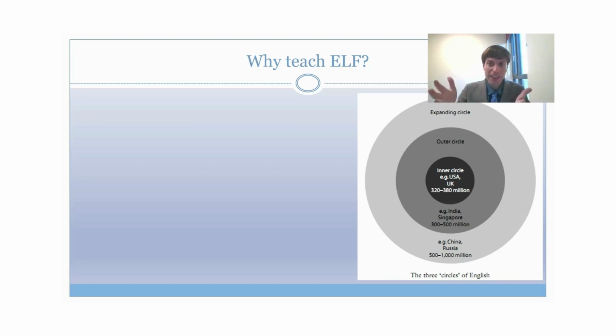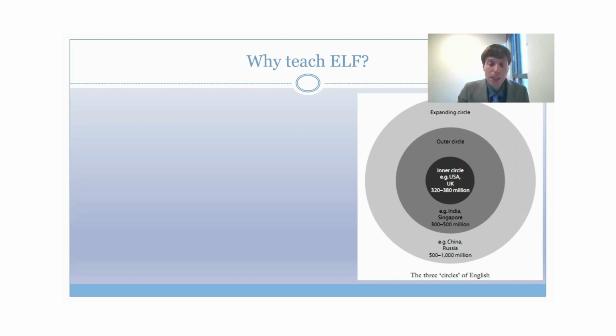Today, the data is more or less the same, except the expanding circle is even bigger. What this picture tells us is that the majority of users of English in the world are not the so-called native speakers, but rather people who have learned to use the language because of the pragmatic benefits that it can bring. They don't use it in their everyday lives, but they've learned it in school.